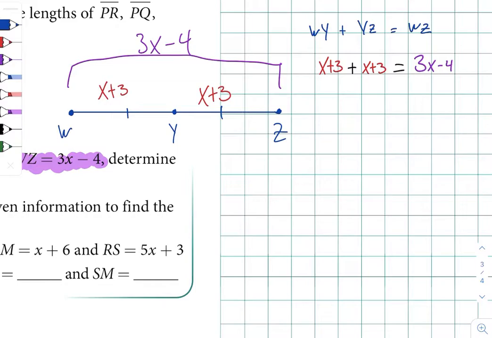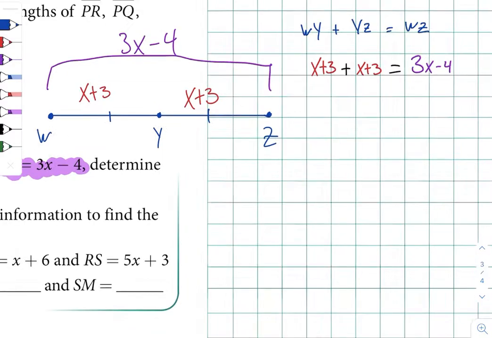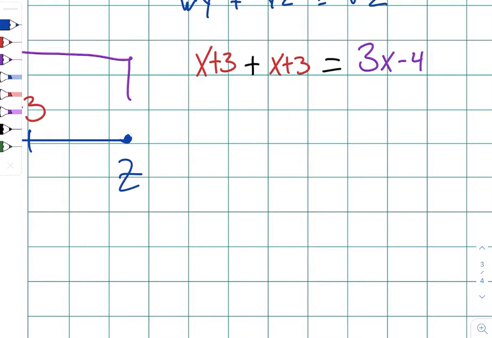I then substituted in those expressions, as you can see here. Now it's just a matter of solving for x. I'm going to combine like terms. x plus x is a total of 2x, and 3 plus 3 is a total of plus 6. I had an x plus an x for 2x, a positive 3 plus 3 for 6.